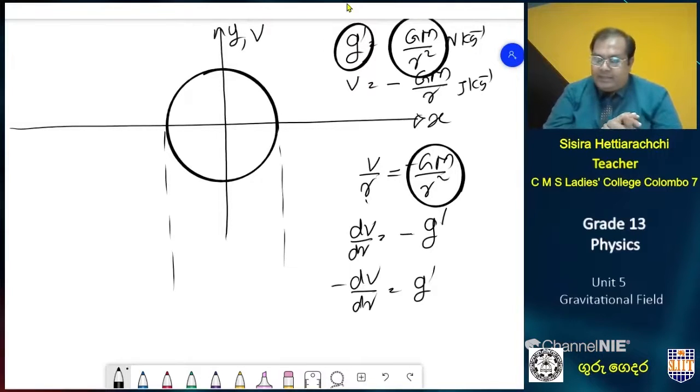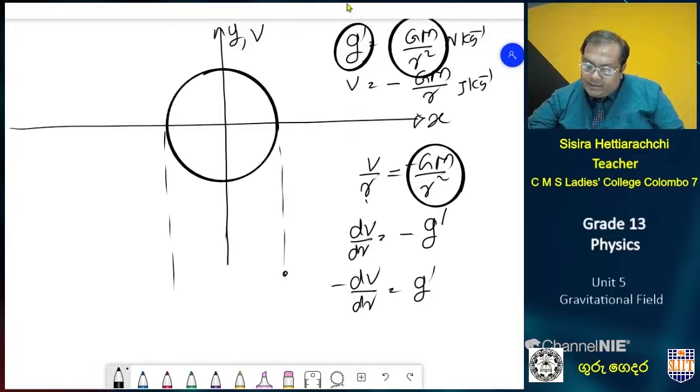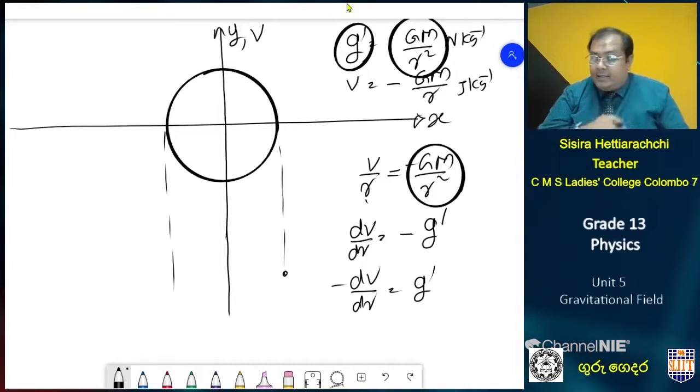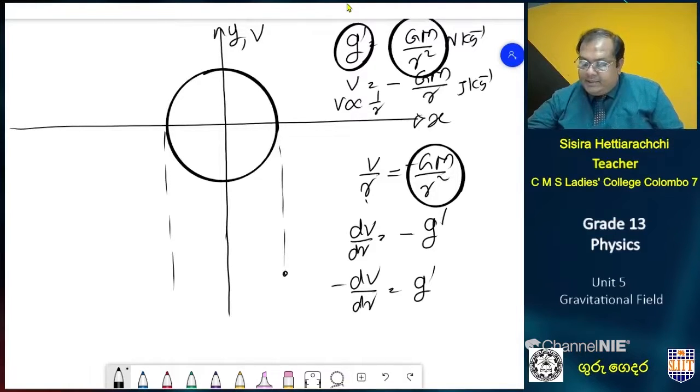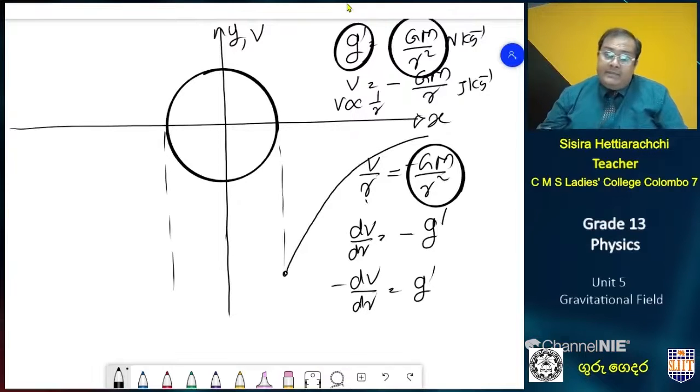Now we can plot potential variation. We know potential is always a negative value. I told you we can't make it positive, right? Then closer to the earth, whatever the planet, I can mark a minus value, that is minus Gm over R. After that you can see V is proportional to 1 over R. Then it decreases, not as deep a gradient compared to the previous one.